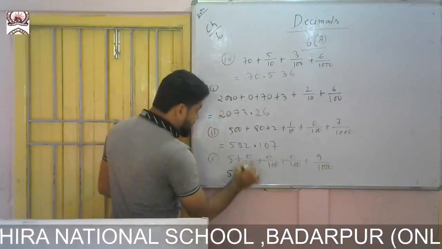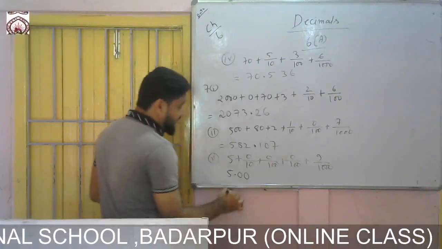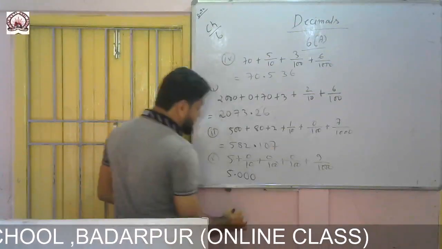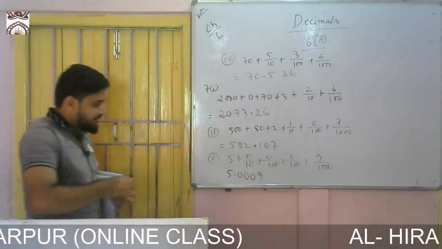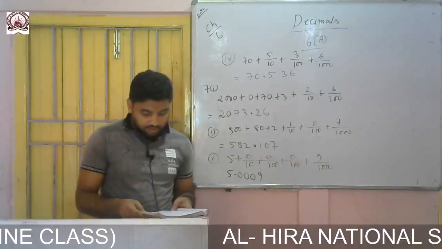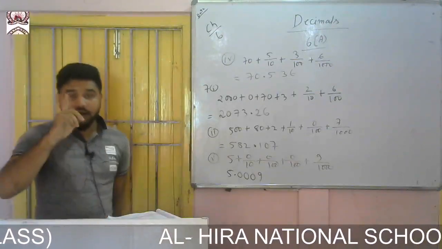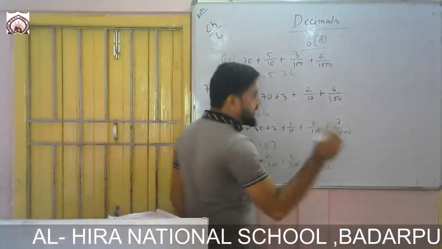The first 0 is in the tenths place, this 0 is in the hundredths place, this 0 is in the thousandths place, and 9 is in the ten-thousandths place. So 5.0009.